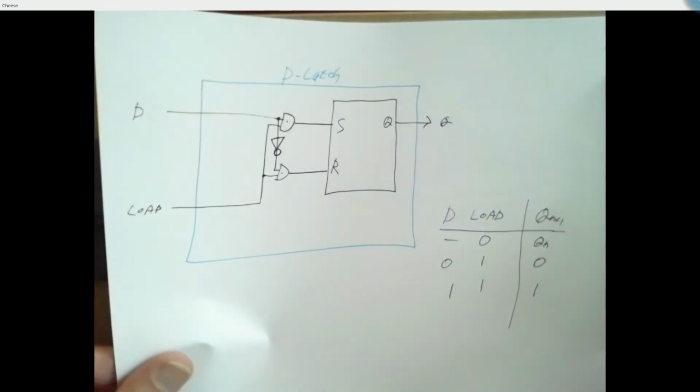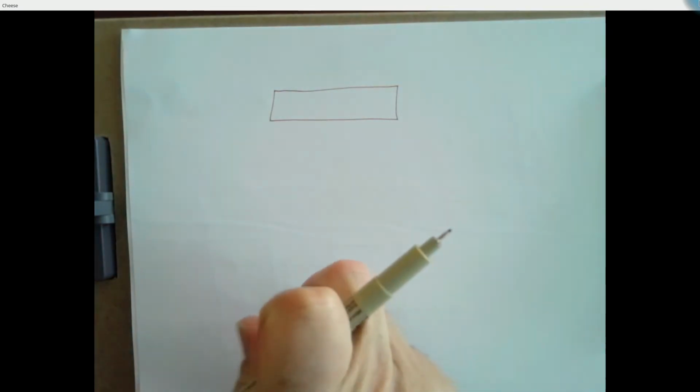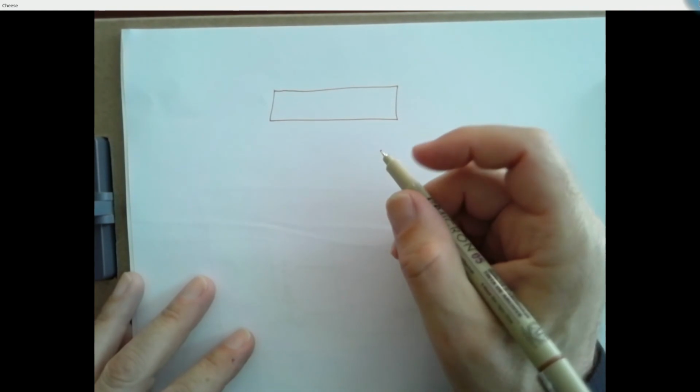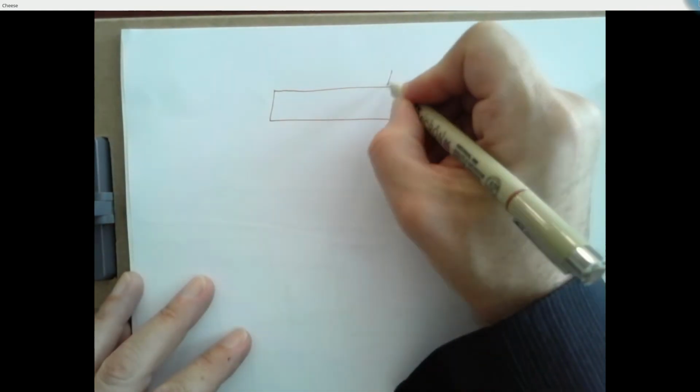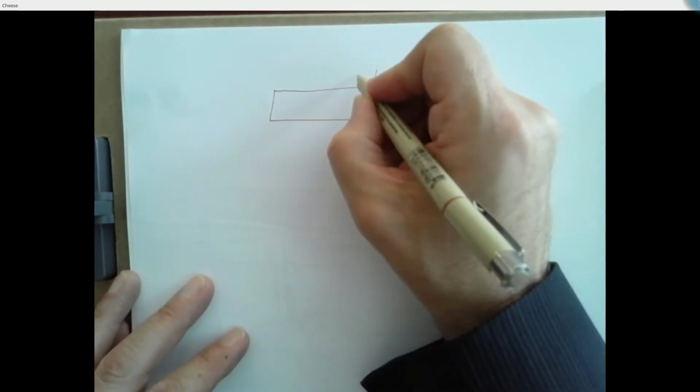All right, so that's a D-latch. So what do we do with D-latches? Well, the adder example is not a bad one. So suppose we have an n-bit adder.